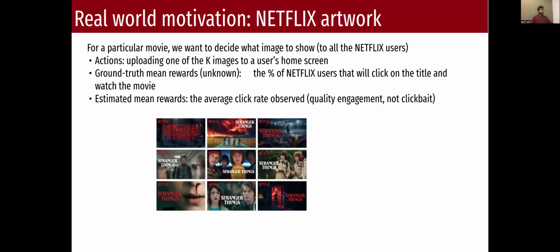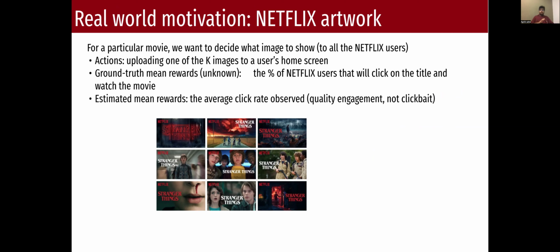Now we will talk about where this multi-armed bandit problem is used in the real world, some real world motivation. The multi-armed bandit problem can be effectively applied to optimize the images displayed for a particular movie on Netflix to maximize user engagement.